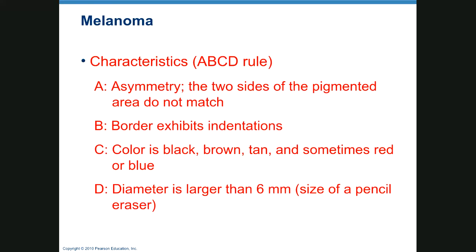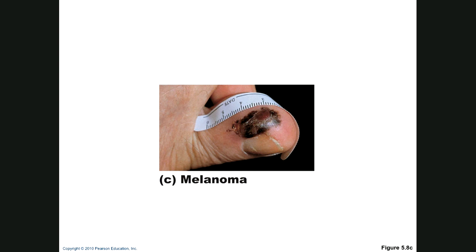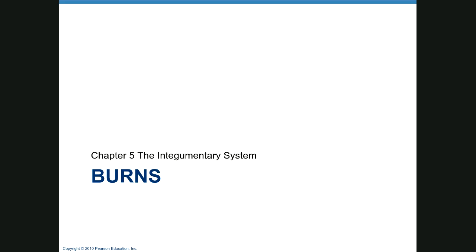This is fairly big, about 6 millimeters, or the size of a pencil eraser. This is typically not a little pinpoint lesion, but it's a bigger lesion. You should definitely know what we mean by the ABCD rule that describes melanoma lesions. So you should definitely be able to describe a melanoma.